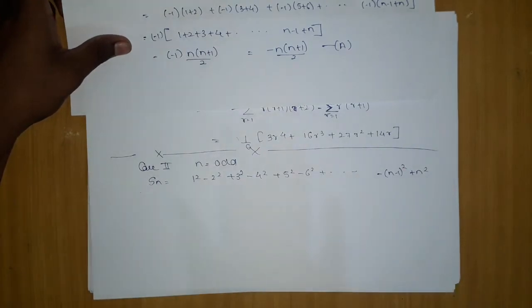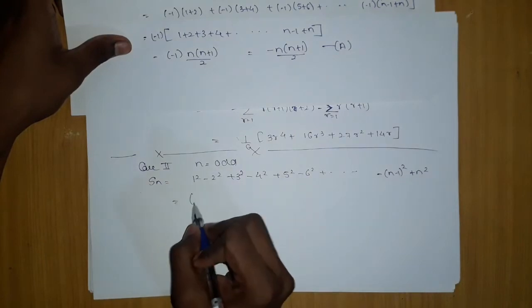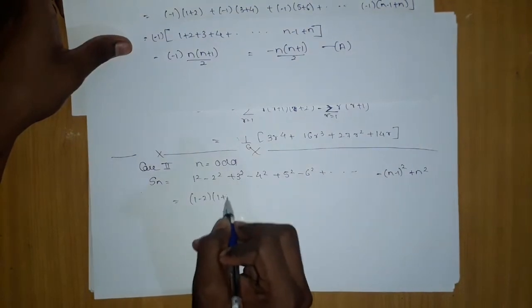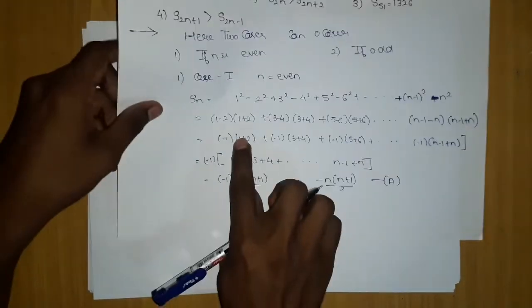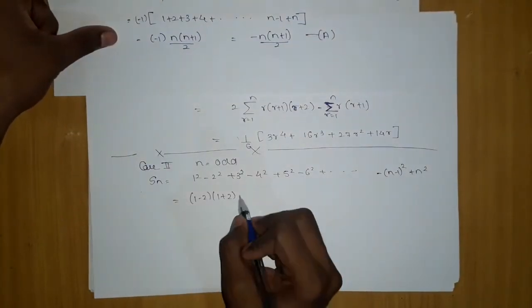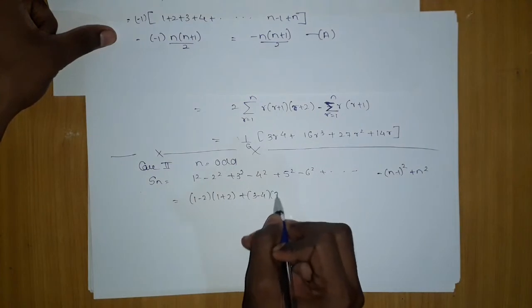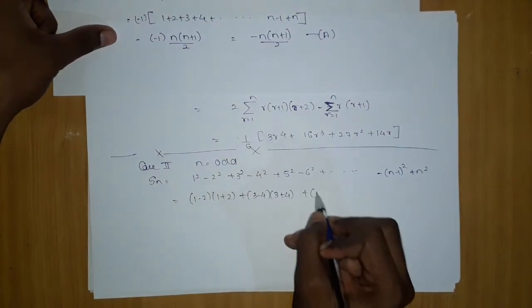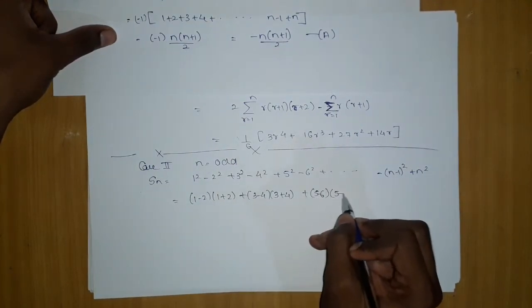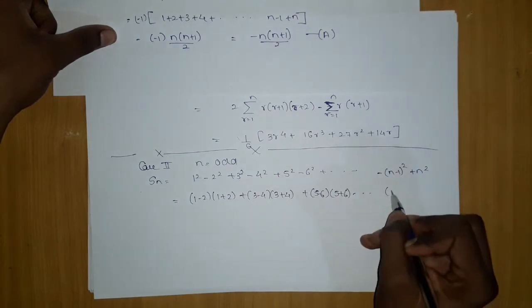Do you agree with this? It is very obvious, the one before that will be even. Now after this again I will apply 1 minus 2, 1 plus 2. I will not write out this minus 1 step, you should understand. Because it is 3 minus 4 and 3 plus 4, 5 minus 6 and 5 plus 6, and so on. Here I will have what?